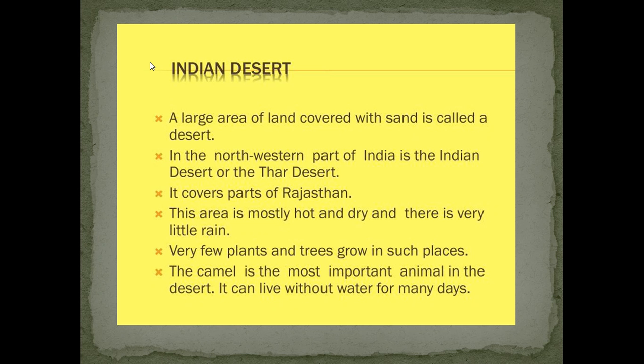Due to the harsh climate, fewer people live in this region. Due to this desert's harsh climate, the climate is dry, no rainfall. Because of all this, fewer people live in this region. यहाँ population बहुत ही कम रहता है because of this harsh climate. Okay, and the population is also less in the northern mountains.